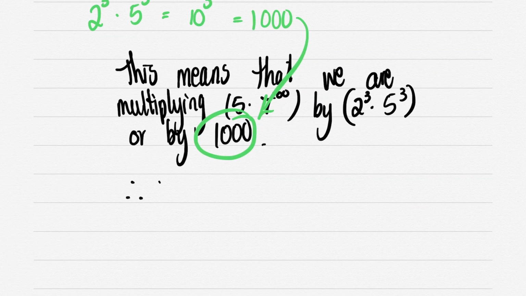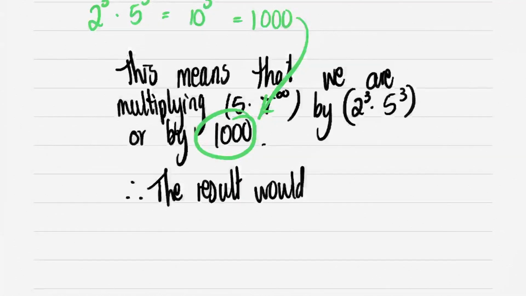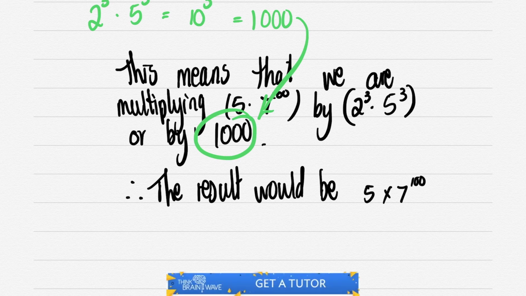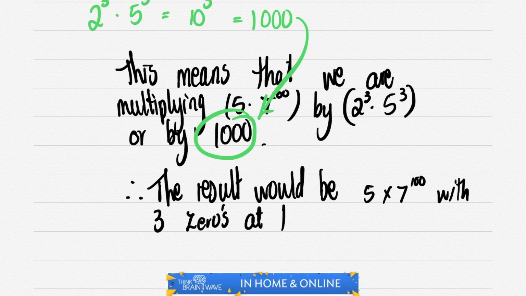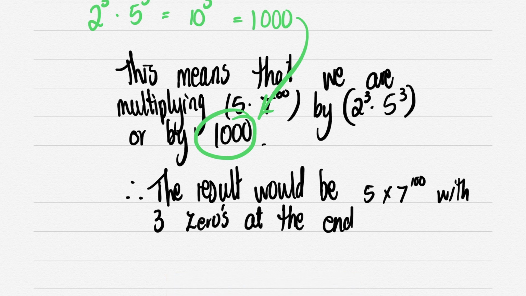Nice and easy. So, the result would be whatever 5 times 7 to the 100 is, and then you'd multiply that by 1,000. There we go. So we'd say 5 times 7 to the 100 with 3 zeros at the end, which is quite simple if you think about it.